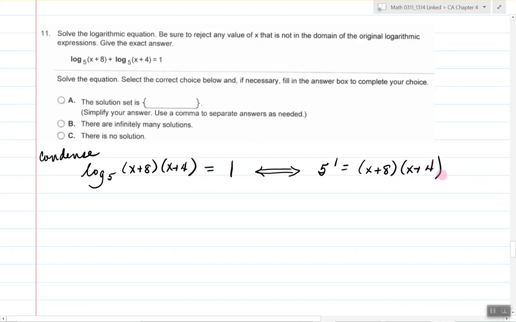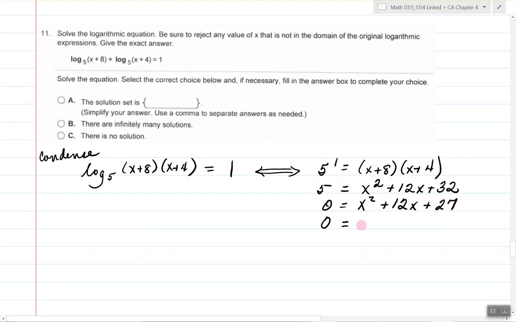It just wants me to give the answer. I don't give any intermediate answers. So 5 is equal to, 5 to the 1st is 5. Let's multiply these by FOIL. That's x squared plus 12x plus 32. Subtract 5 from both sides and get x squared plus 12x plus 27.